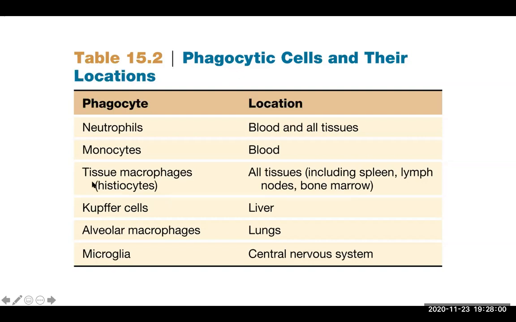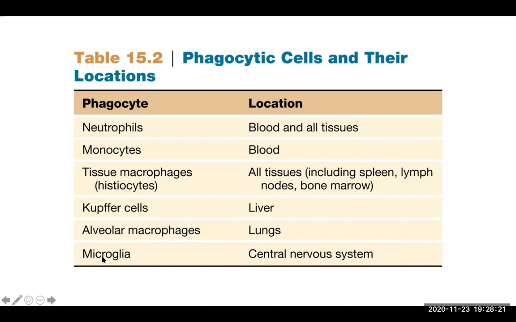So if you're a resident macrophage, you could live in a particular tissue like the spleen, the lymph node, bone marrow. And then of course we've given specific names to macrophages that live in places like the liver, the lungs, or the central nervous system, right?